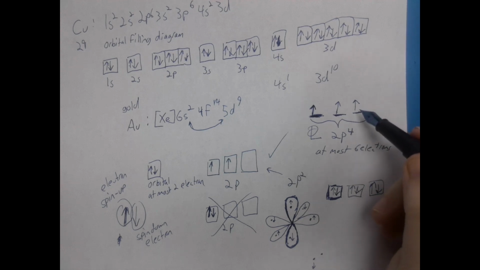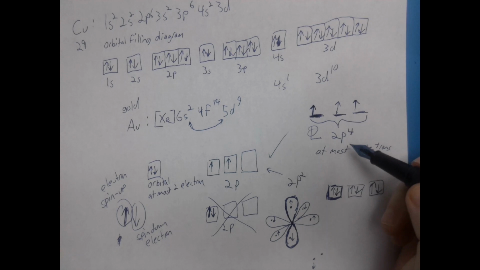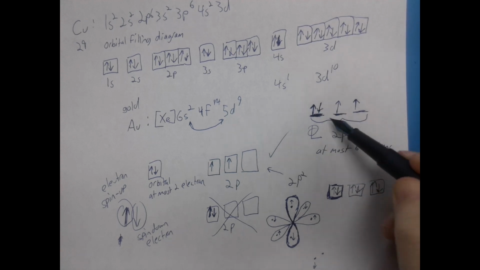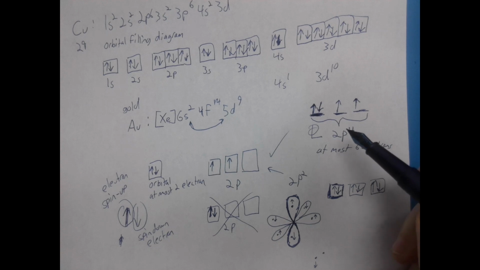The fourth one cannot be an up because every line already has an up in it. The fourth electron has to be a down, and so I'm going to add that. This would be 2p4, or 2p with 4 electrons in it. Each arrow is an electron. Does that make sense?